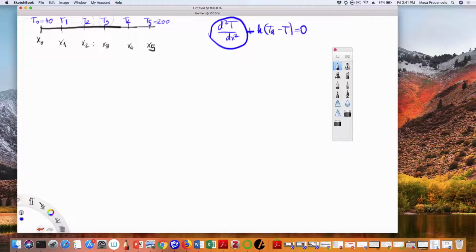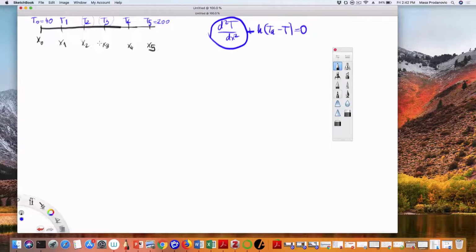That could be an approximation of my derivative. That's one way to approximate. Another way would be to do t2 minus t1 divided also by delta x, or even t3 minus t1 divided by 2 delta x. Do we remember those? So those are finite difference formulas for approximation of derivatives.